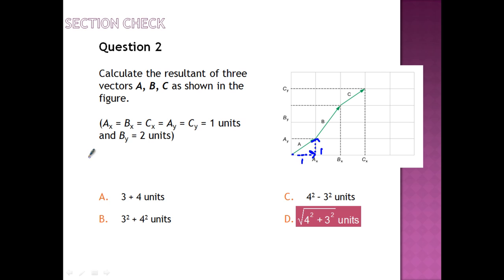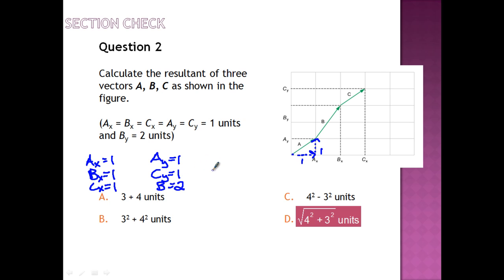So AX equals 1, BX equals 1, CX equals 1. AY equals 1, CY equals 1, and BY equals 2.